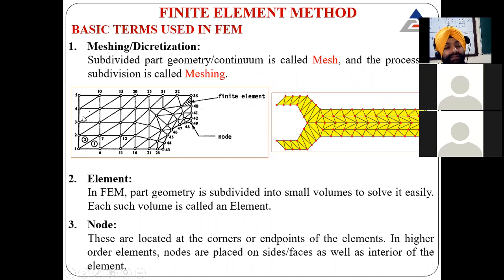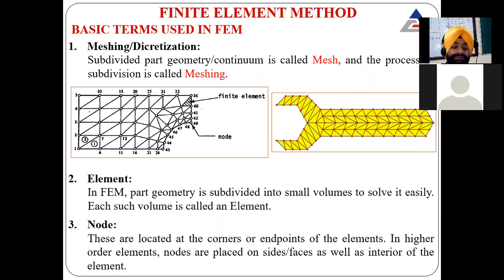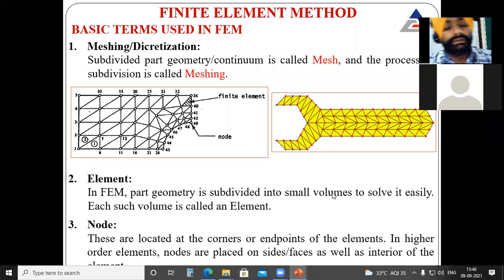Those particular lines that divide the whole surface into small triangles and rectangles are called the mesh, and this small shaded region is called an element. Any one of these triangles comes under the element. You can call it an element.